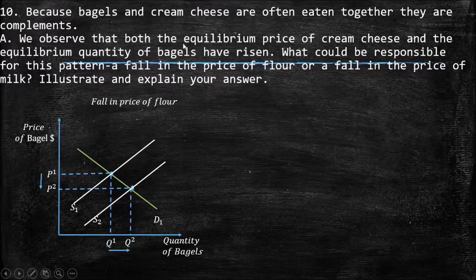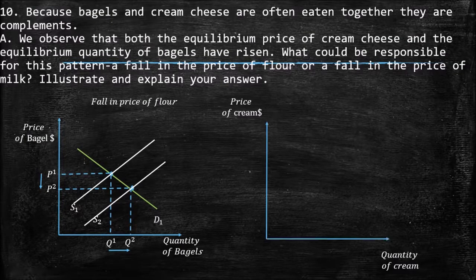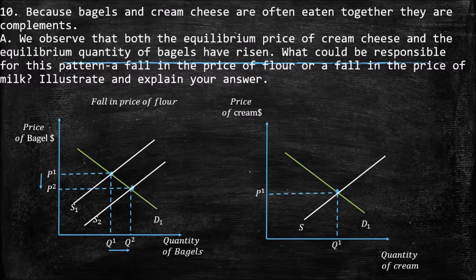So we see here how the equilibrium quantity of bagels has risen. Now we have to see that the equilibrium price of cream cheese increased. Remember that cream cheese is a complement, and here we have the initial case.